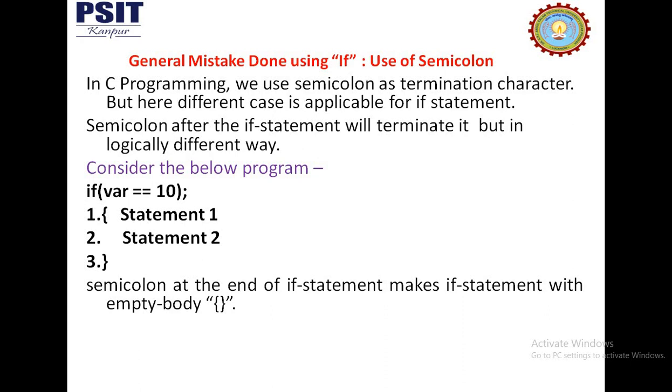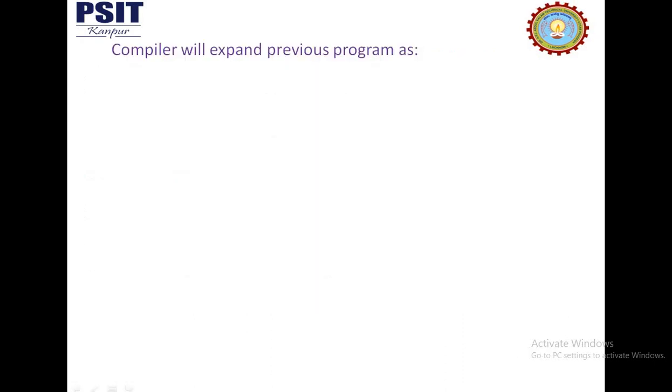That means there is one more empty body between the condition and the earlier block, and that will execute every time based upon the condition. So the empty body will execute, and these statements are not based upon this condition. So whether variable is equal to 10 or not, these statements will execute every time, right?